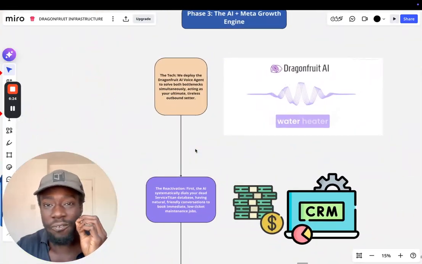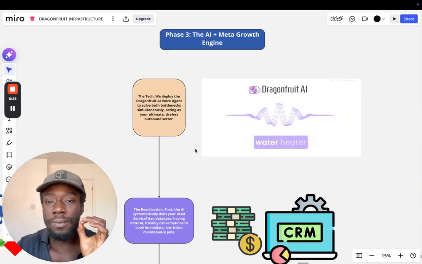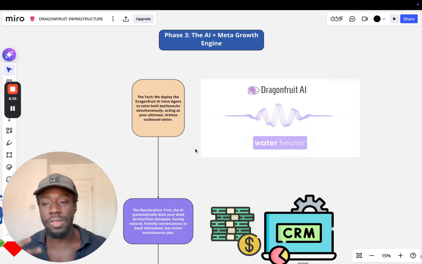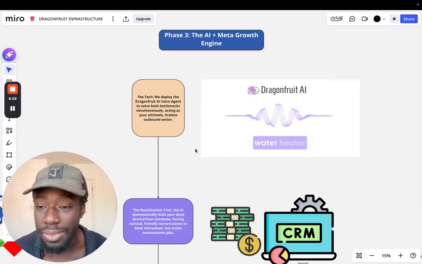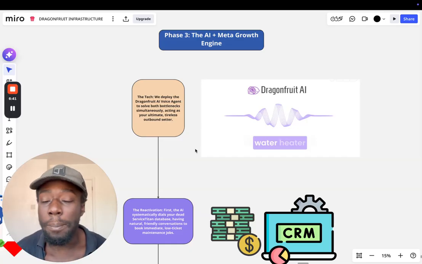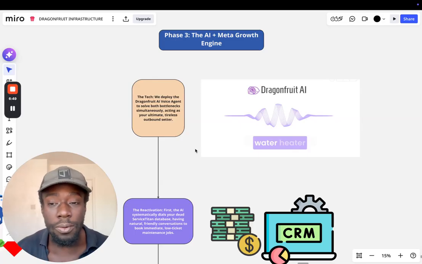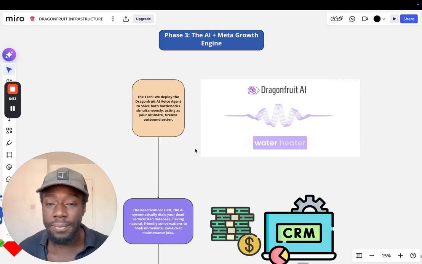You want to have a voice agent, an AI agent, to solve those simultaneously, right? It will act as the ultimate tireless outbound setup, because obviously we know AI can run 24/7 pretty much seamlessly and perfectly. Once you implement that into your business, you are going to be able to essentially deal with these problems without your extra input, which is invaluable.